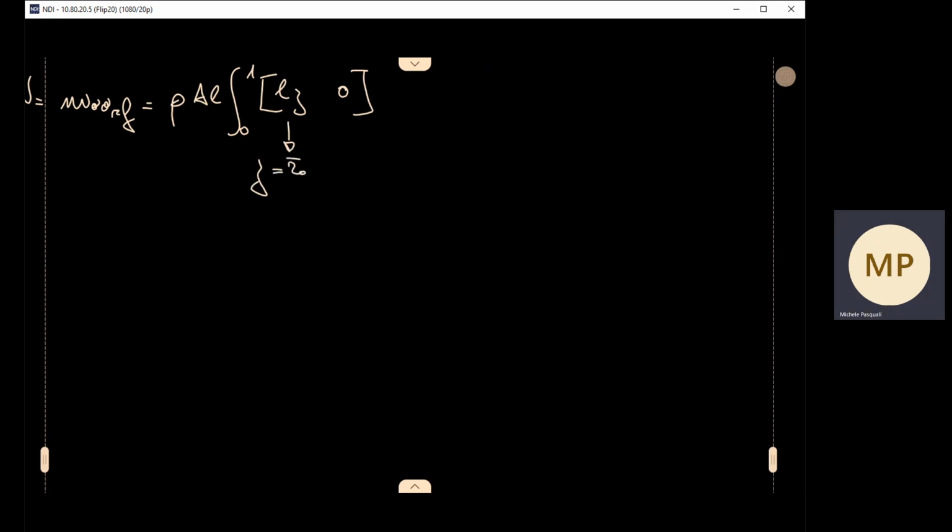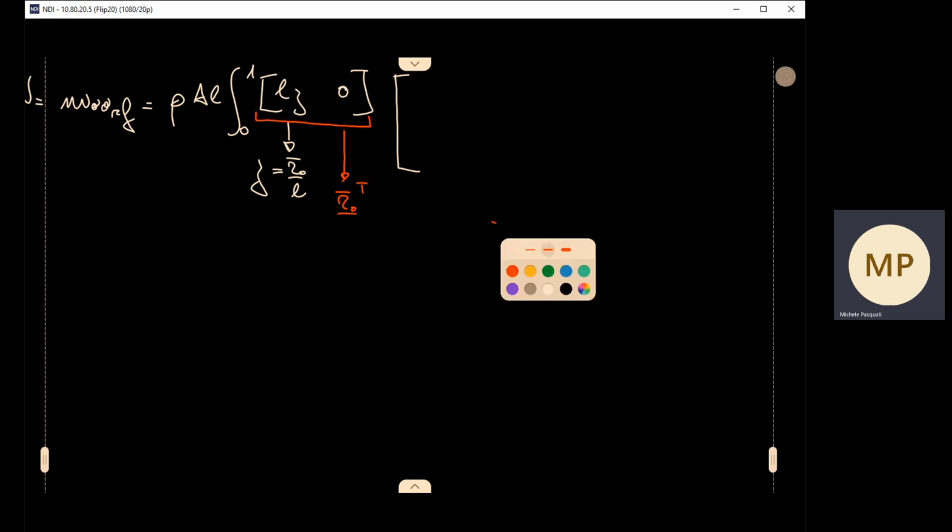Zeta is R0 divided by L. So this is R0, okay? And then we have our U vector. So this is our R0 transposed, okay? While here we have 0, L times zeta squared minus... Sorry, I say xi, but this is zeta. I keep on mistaking it.